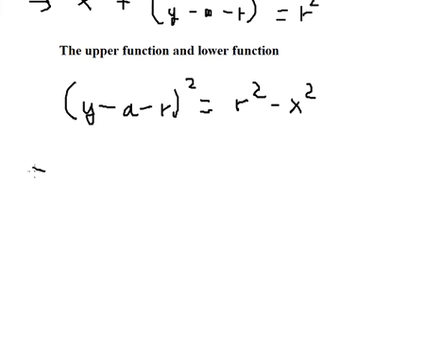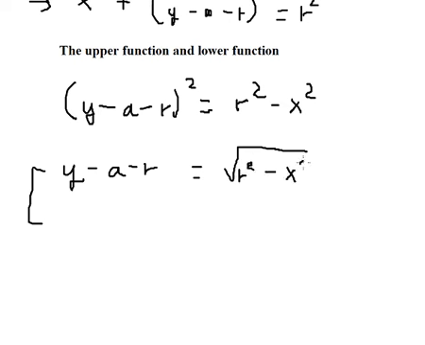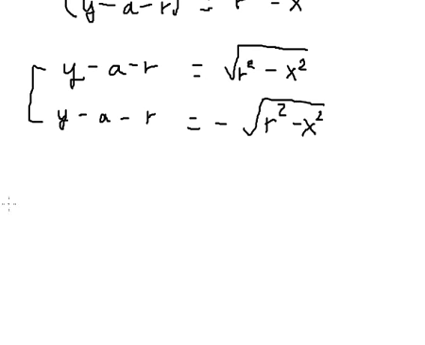Later we take the square root of both sides, so we have the positive square root and the negative square root here. So negative A, negative R, I will put on the right.